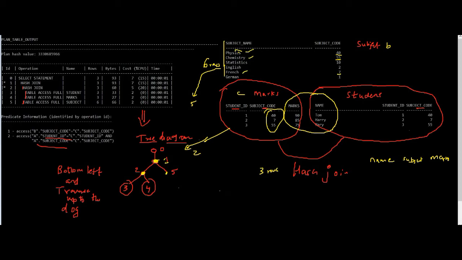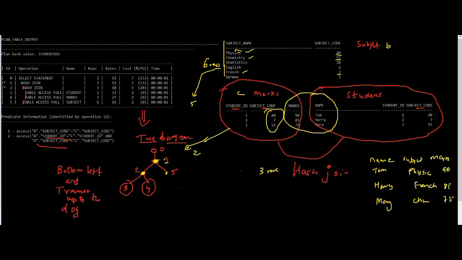Okay, so we get physics and French and chemistry, and the names are Tom, Harry and Mary. Okay, the marks are 90, 85 and 75.